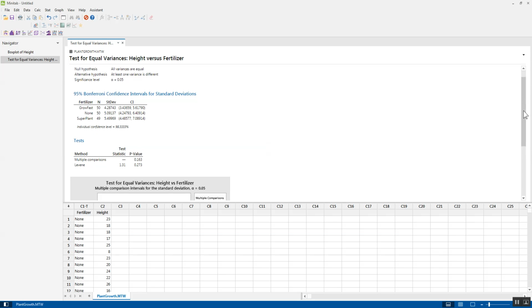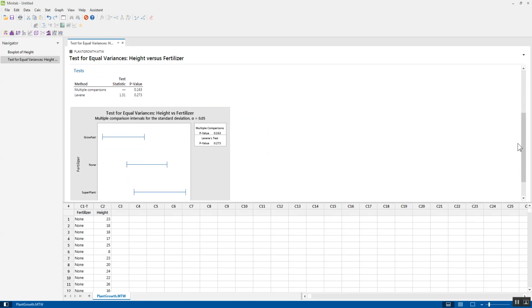Factors becomes the independent variable and response becomes the dependent variable. So remember with Levene's test, we are checking to see if there are equal variances, variance being the scatter about the mean. If those variances are not the same, then that's a big violation of the assumptions of the ANOVA. So we're going to use Levene's test here.